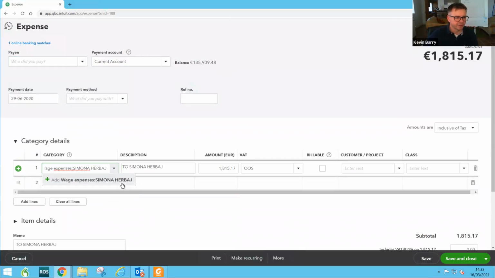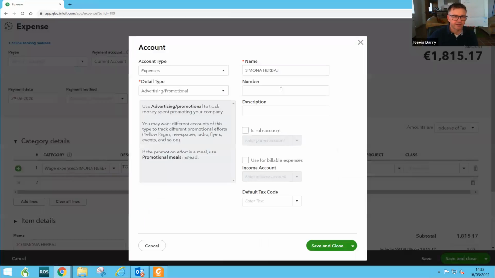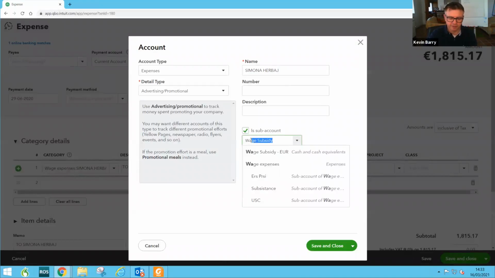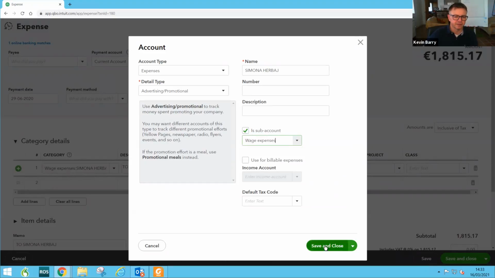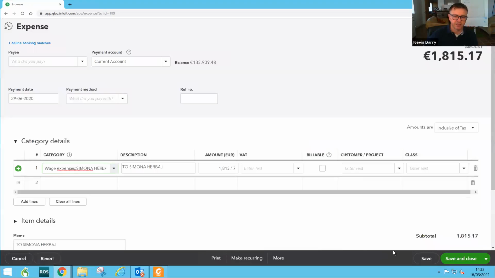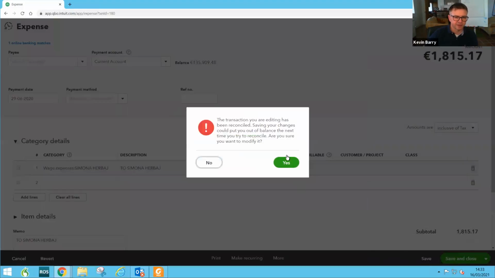Set these types of people up with their own account, no harm. So you see there at the top, we put it under wage expenses. It's just rearranging so the account means something.